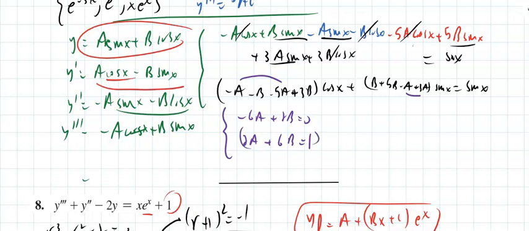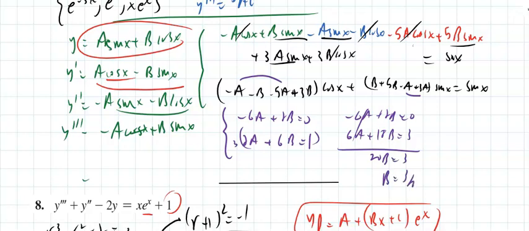Now if I go ahead and solve the system of equations, multiply this by a 3, that becomes 6a plus 18b equal 3. So b is 3 over 20. And if I substitute that in, I'm going to get a equal to 1 over 20.